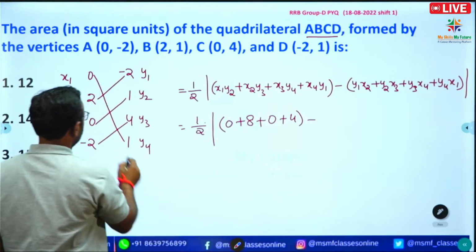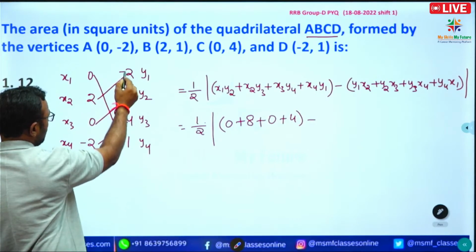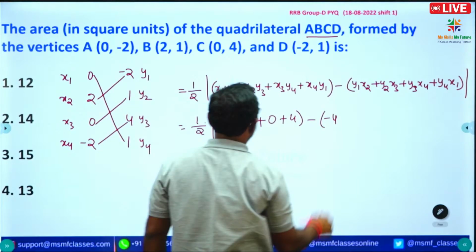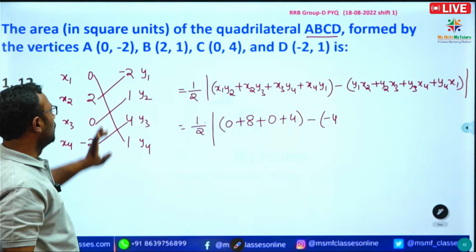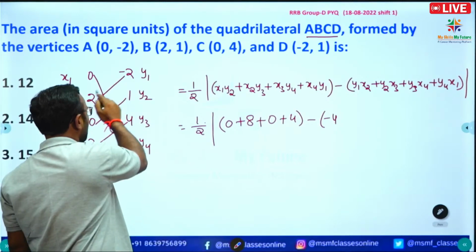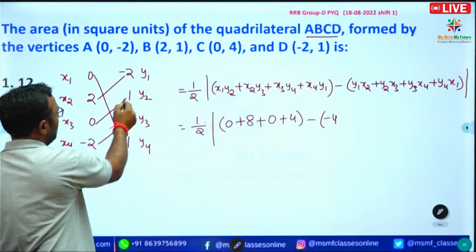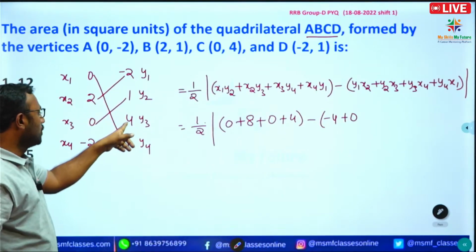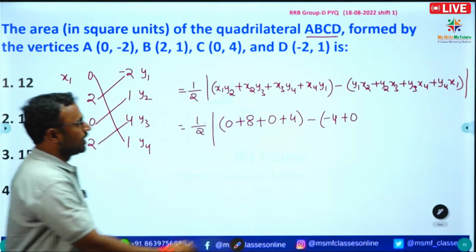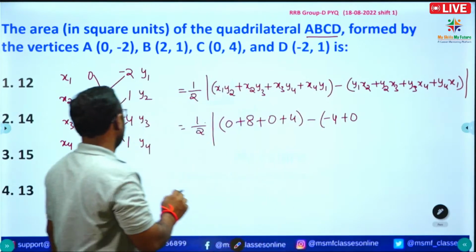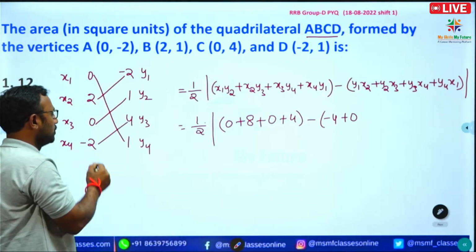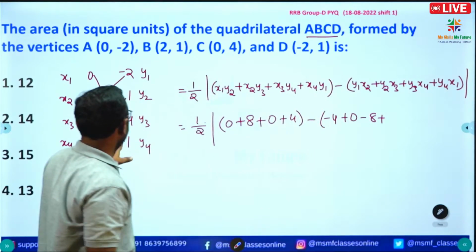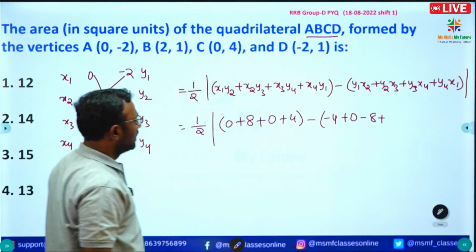See here, y1 x2: minus 2 into 2 we get minus 4, and here 1 into 0 we get 0. Then y3 x4: 4 into minus 2 we get minus 8, plus 1 into 0, y4 x1, we get 0.